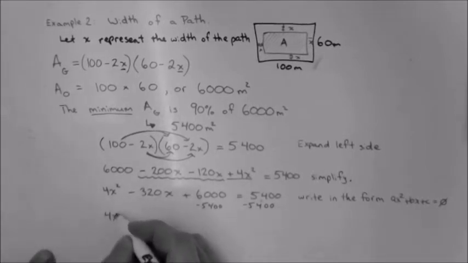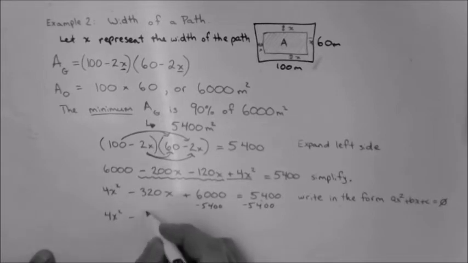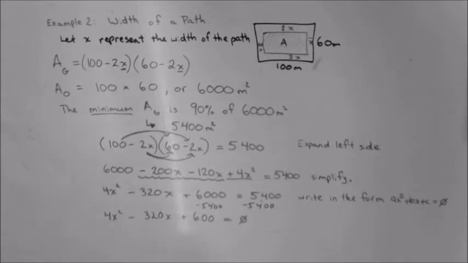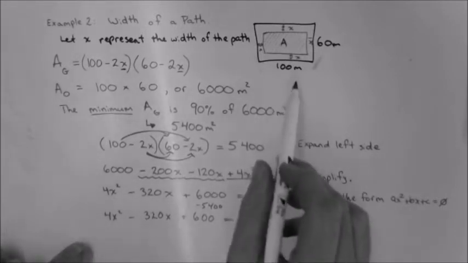Leaves me with 4x squared minus 320x plus 600 equals 0. Well, from here, I know that I want to be finding the value of x that will make this equal 0. That's called solving the equation, and that's going to give us the width of our path.